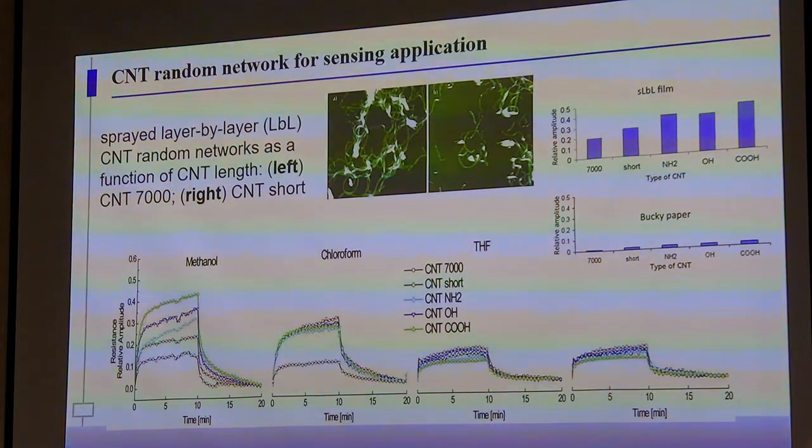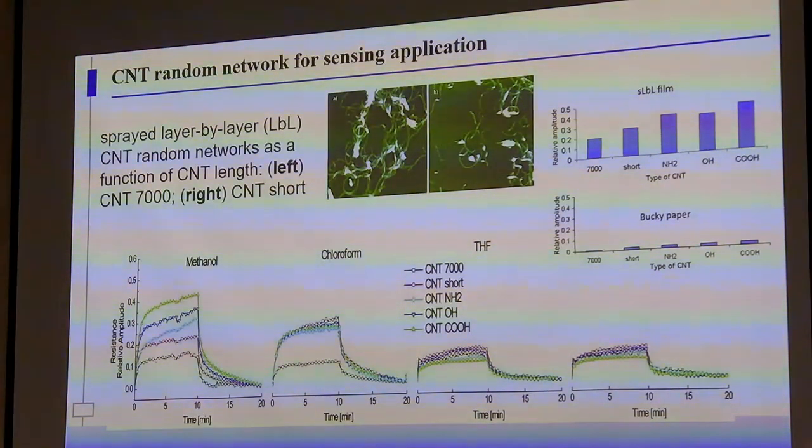Here you can see that CNT-COOH, longer carbon nanotubes, have a higher response for methanol, and the CNT-salt is not always the best one. In some cases it is very hard to discriminate, but they are pretty close.